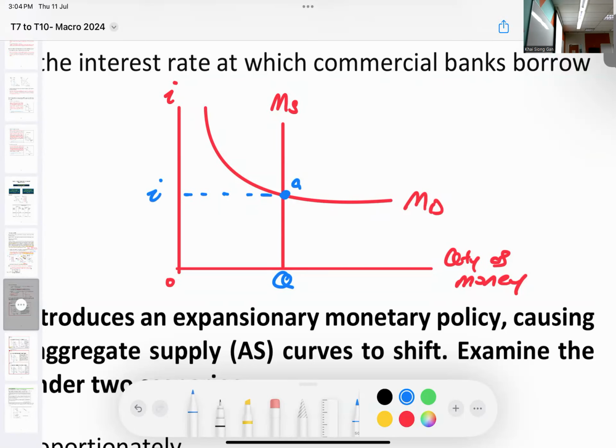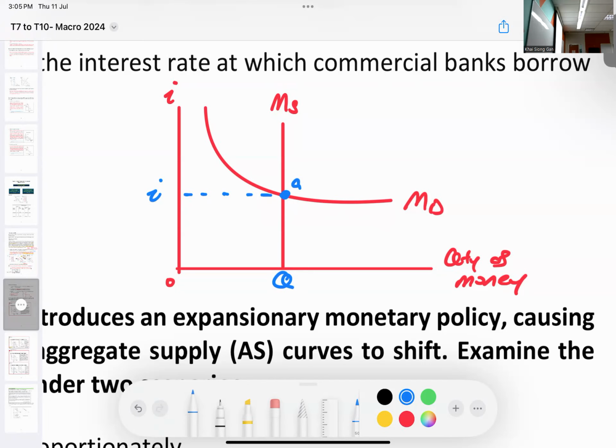Let's say now the government or central bank wants to boost the economy. So how? They use expansionary policy, they increase the money supply. But do you realize one thing here? If they do that in this scenario, there is no impact. When you use expansionary policy, the purpose is to boost aggregate demand, to boost economic growth, and to reduce the interest rate.